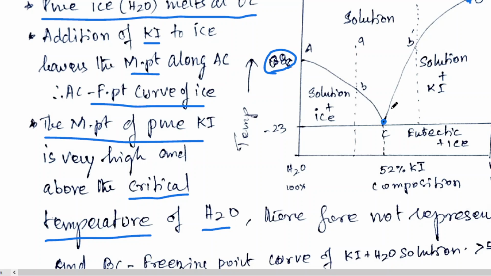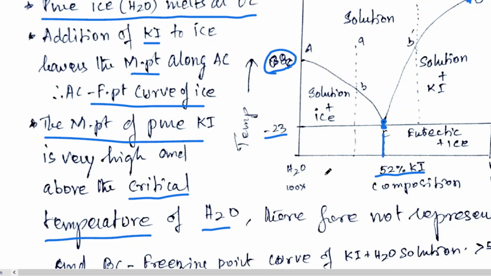We have already understood this with the lead-silver system, and if you say the temperature, that is enough. The eutectic temperature in this system is minus 23 degrees Celsius. The eutectic composition is 52% of KI and therefore 48% of water. That composition is the eutectic composition.